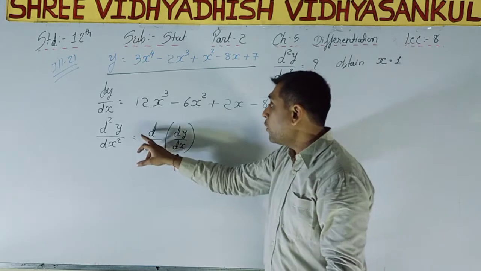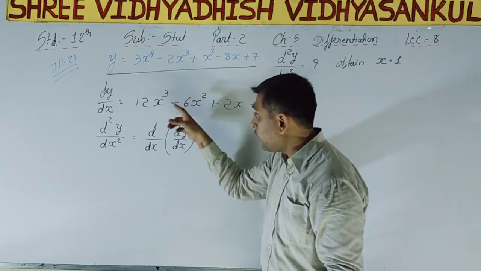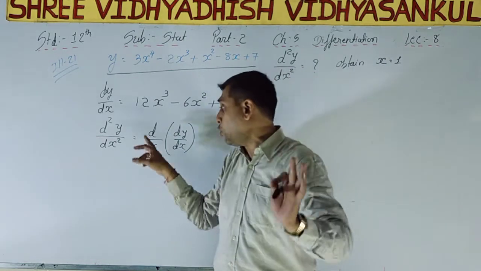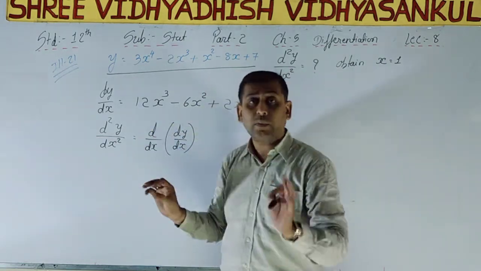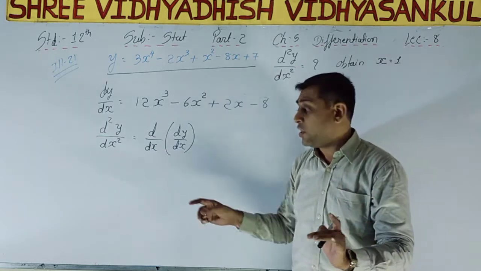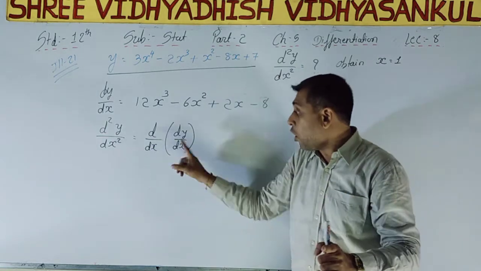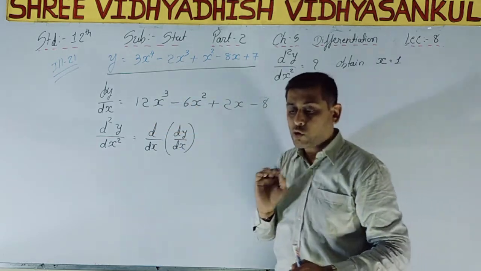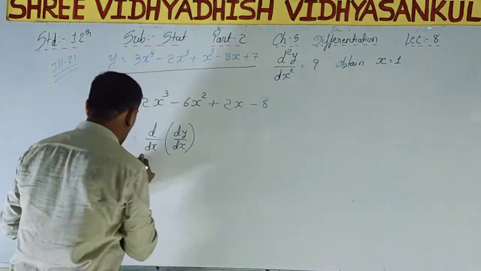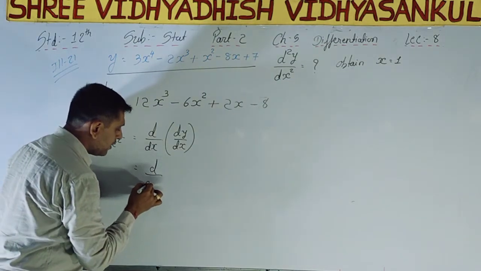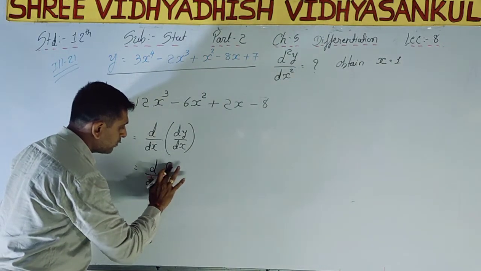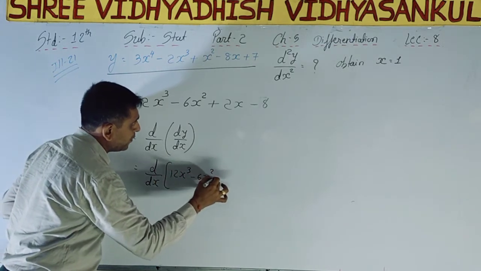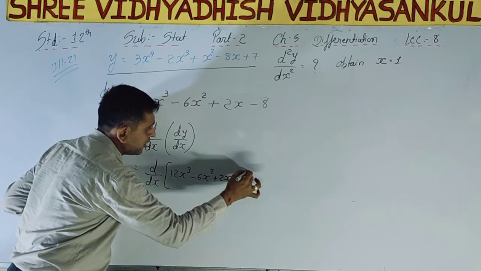We have to find d by dx of dy by dx, that is differentiation with respect to x of this dy by dx. So we have to differentiate 12x cube minus 6x square plus 2x minus 8.